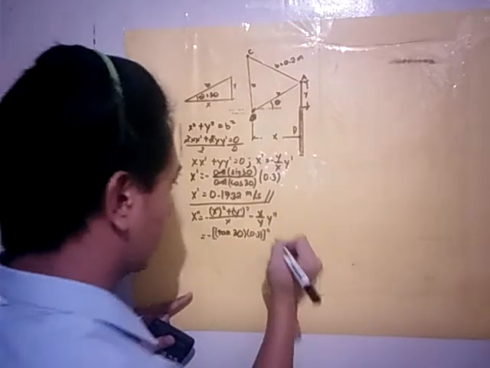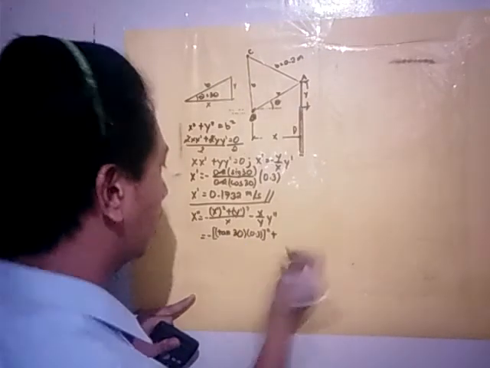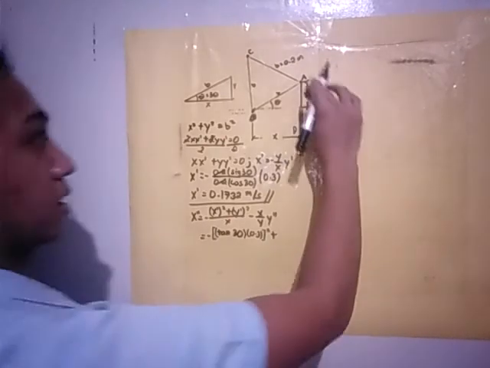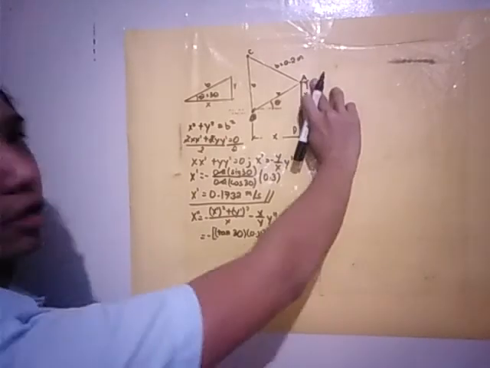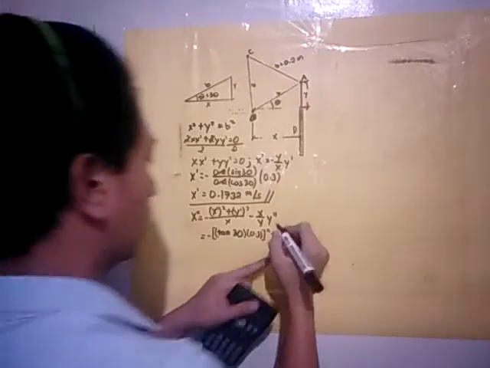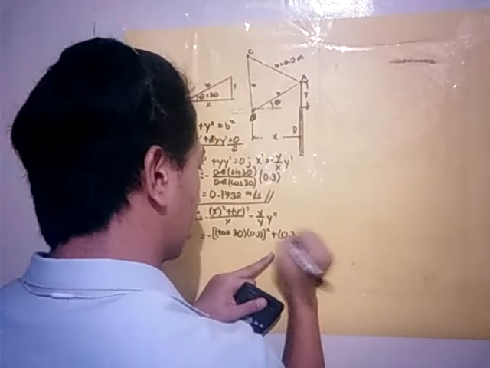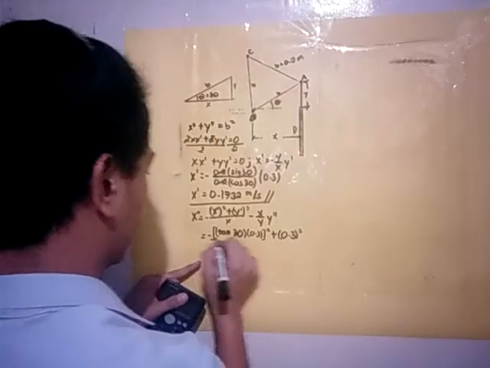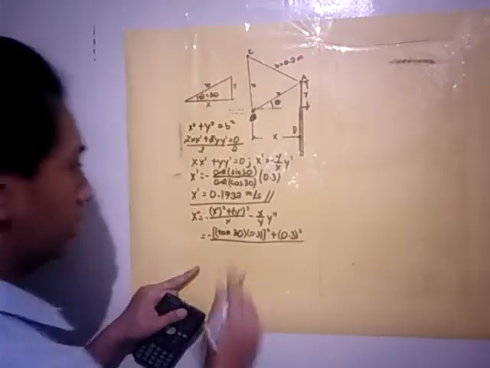Then plus y prime. Our y prime is, as I said earlier, the velocity at point A. So it is 0.3, and it is also squared, all over x.